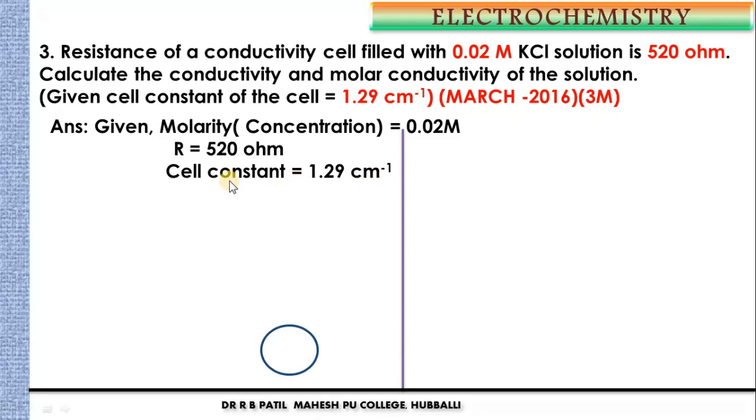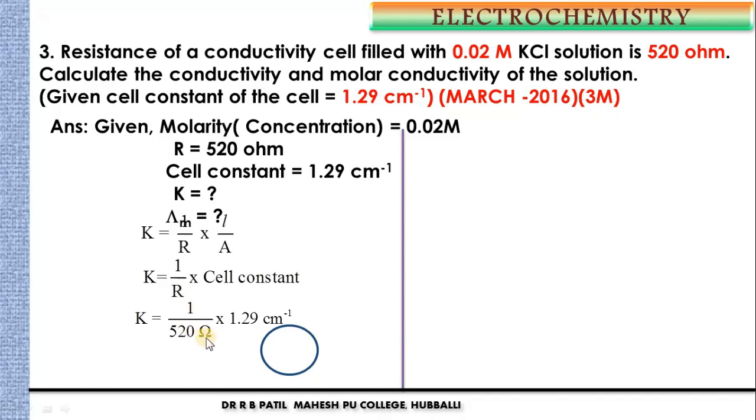So using cell constant and resistance, first let us calculate conductivity, and once we calculate conductivity, students, let us calculate molar conductivity. So what we can write, K is equal to 1 by R into L by A. K is equal to 1 by R into L by A, and let us substitute the values.